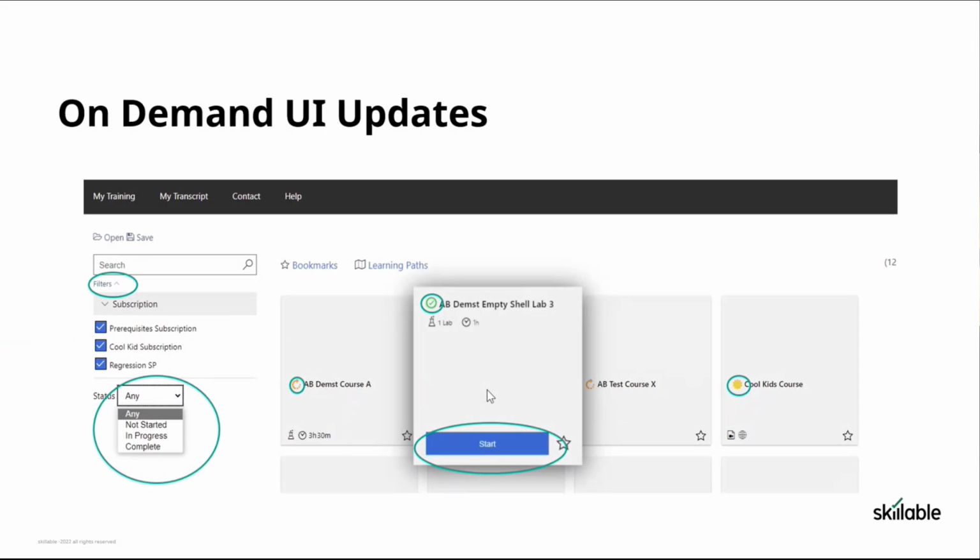So this is an example of that for the on-demand training, in terms of these tiles that you get, where people can go in and have a look at the course content. First and foremost, the filter list down the left, which you can build for on-demand content, was always on the screen.